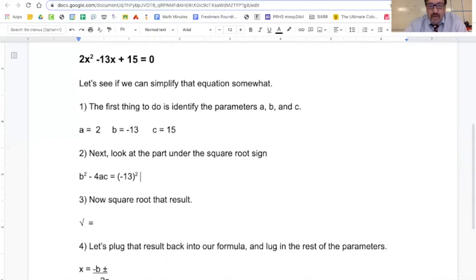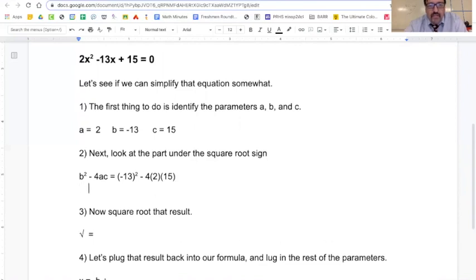So it's b squared minus 4 times a times c. The value of a is 2 and the value of c is 15. Please use a calculator when you're doing these calculations. You don't want to mess this up with something simple. So 13 times 13 is the same as negative 13 times negative 13. It's positive 169.